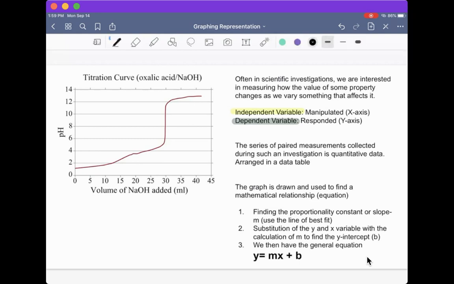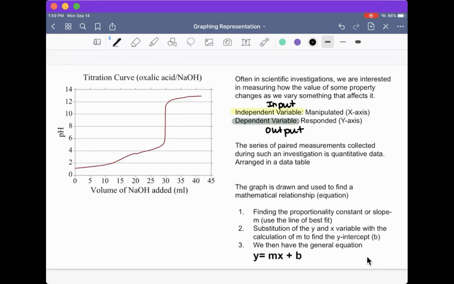So that's a good way to help remember it. So the independent is the input of the function, where the dependent is the output value that comes out of the lab.